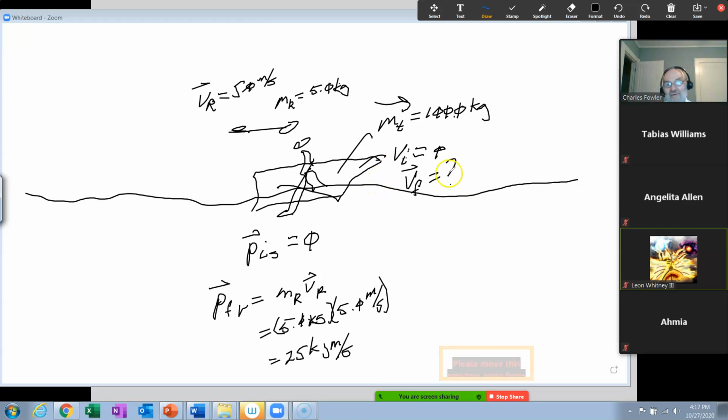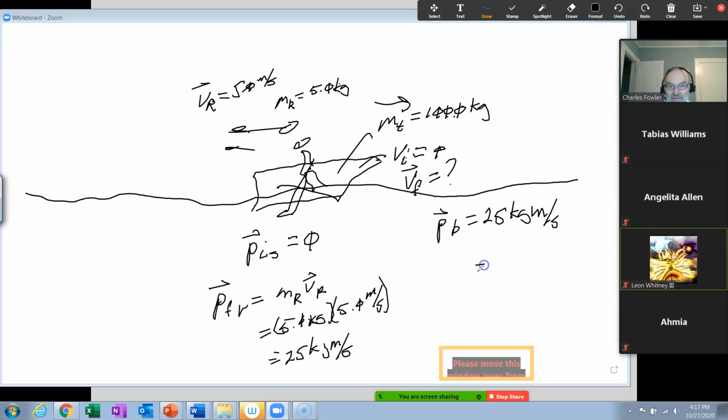Okay, well, the boat was initially at rest, but now you gave the rock a momentum in this direction. That means the boat has a momentum in this direction. So the momentum of the boat with this passenger has to also be, and I'm going to put this as a minus 25 because it's going to the left. We'll make this a plus 25 here, kilogram meter per second, in the right hand direction, because this is a vector quantity.